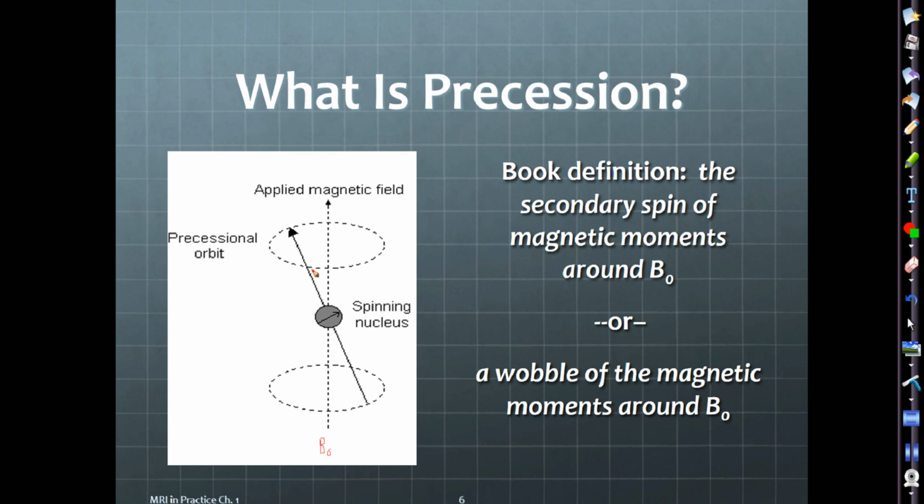Okay? So would you describe net spin as like the Earth rotating on its own axis, and then precession is the Earth rotating around the sun? Yeah. Another good example, and we'll get to it here, is a spinning dreidel. You spin it, that's your net spin, but then Earth's gravitational force, you think of it as a magnetic field, because it really is, and as that dreidel starts to slow down, it starts to wobble.